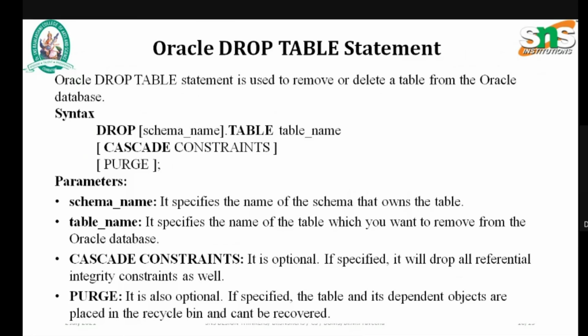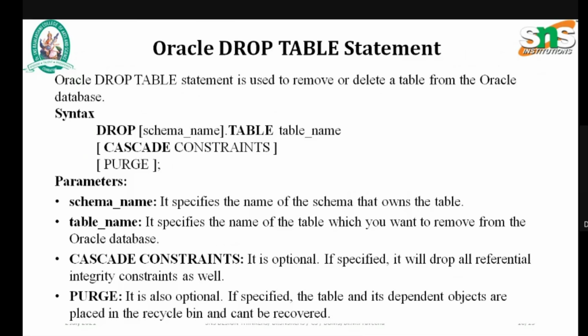Schema name specifies the name of the schema that owns the table. And table name specifies the name of the table which you want to remove from the Oracle database.